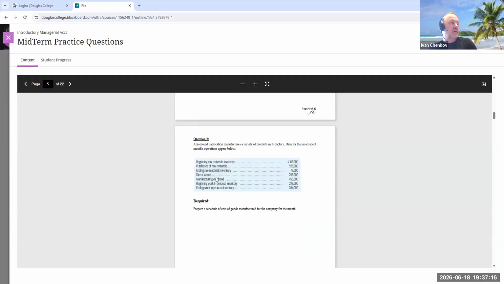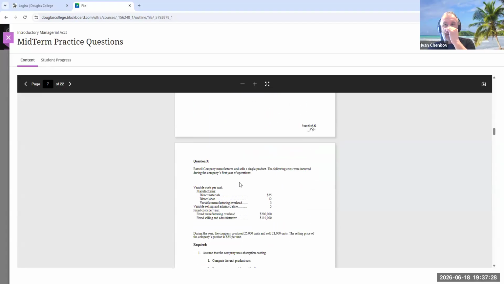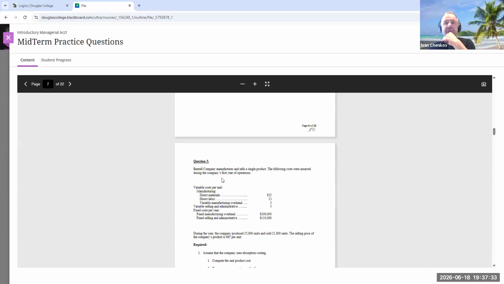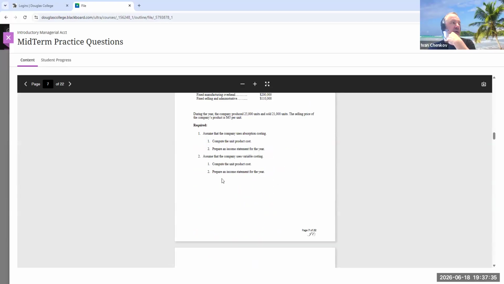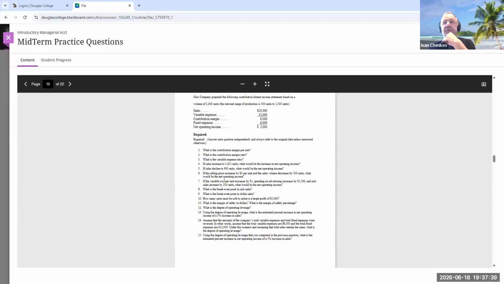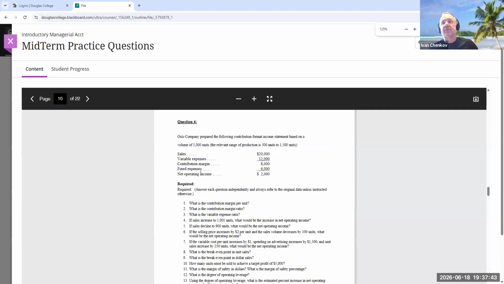The second one we already covered, that's for the cost of goods manufactured. Question 3, don't even look at it. We're not there yet. This is the question that I was talking about, question number 4, which gives you the information.